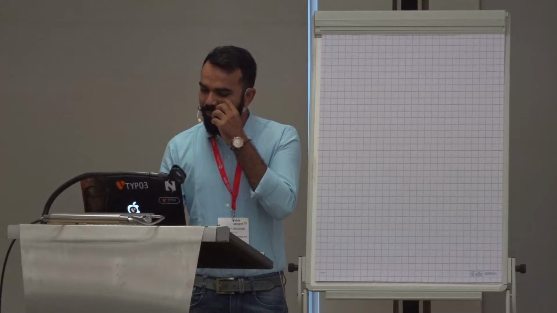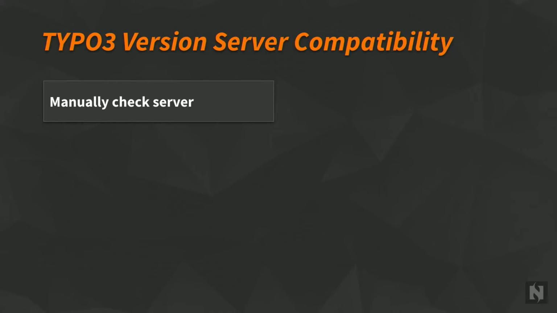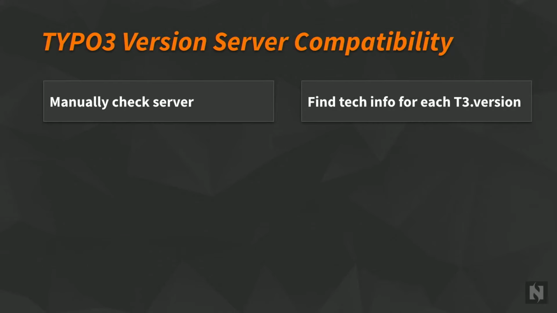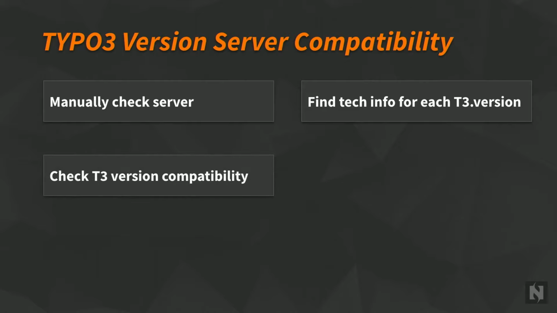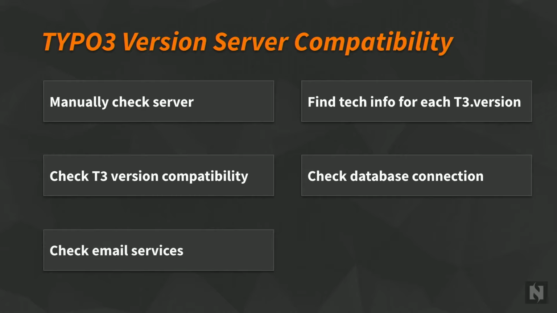So we have made a very small script, so you don't need to check manually the compatibility of PHP and other stuff, or find out each and every technical detail. Check the TYPO3 versions. You can also check the database connection, whether it is good or not, and also check the email services, whether mail is working well on the server.